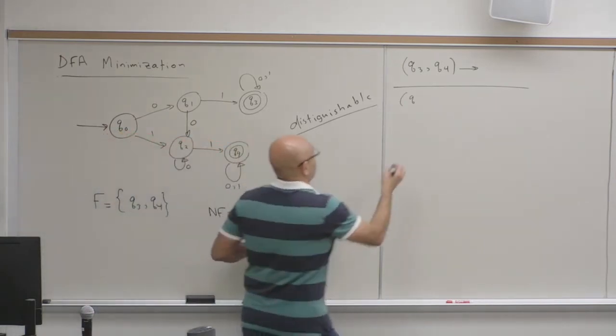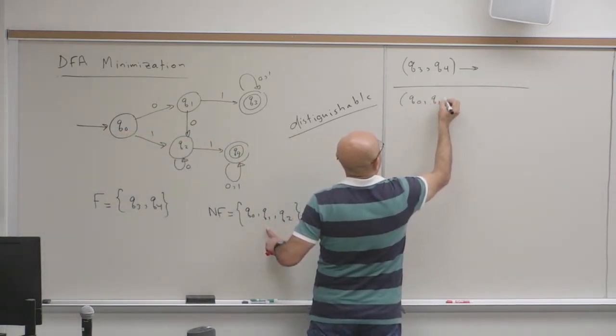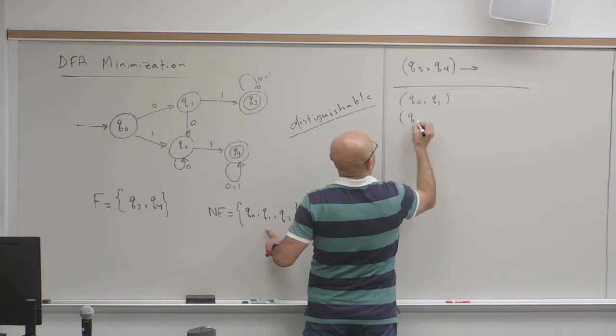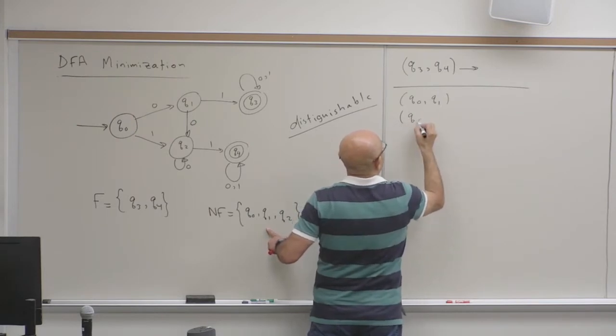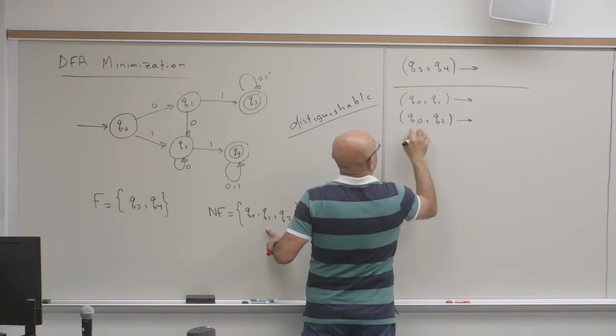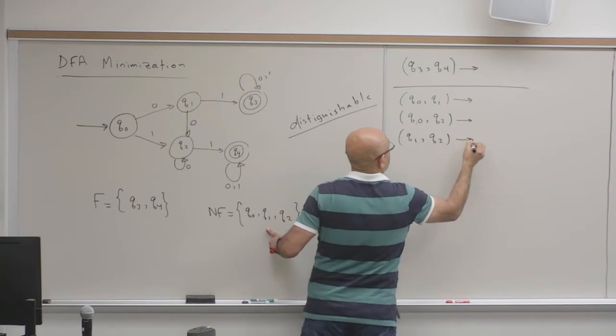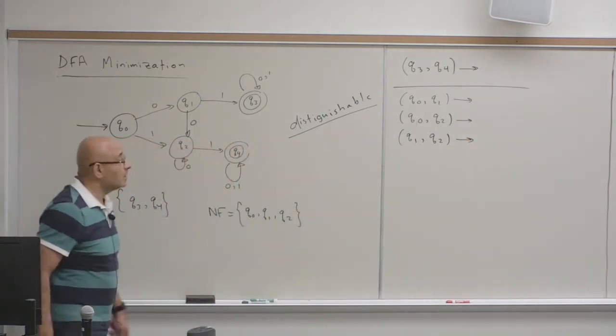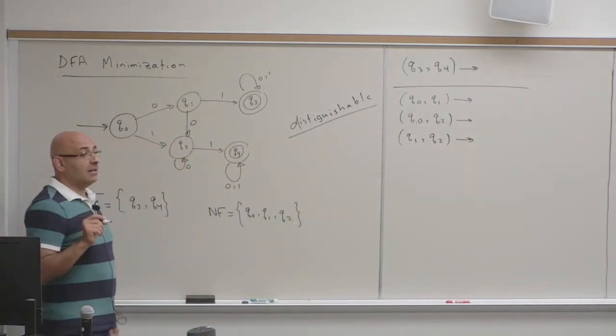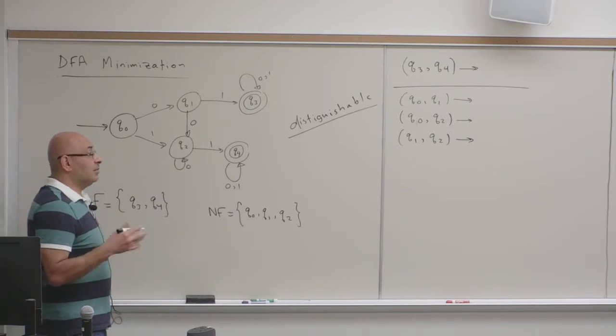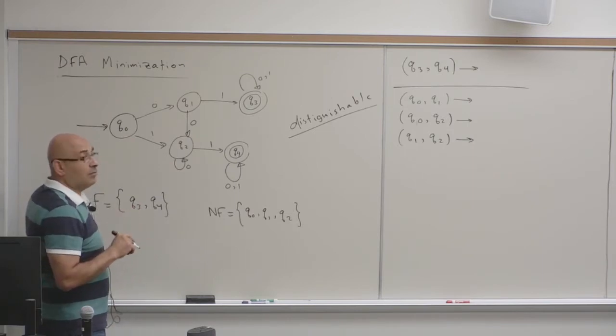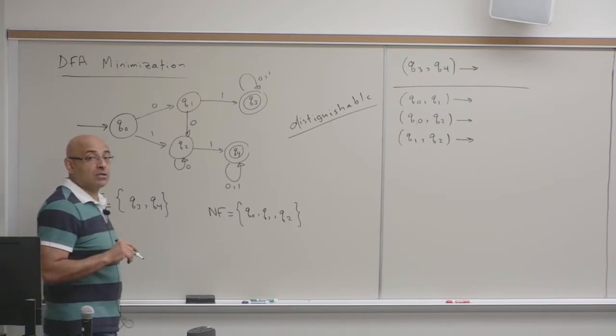So I will study the relation between Q0 and Q1, the relation between Q0 and Q2, the relation between Q1 and Q2, and initially, I will assume that all pairs are equivalent or indistinguishable.